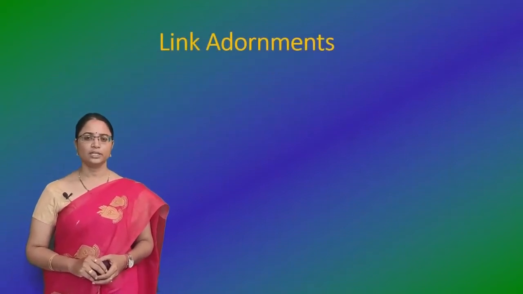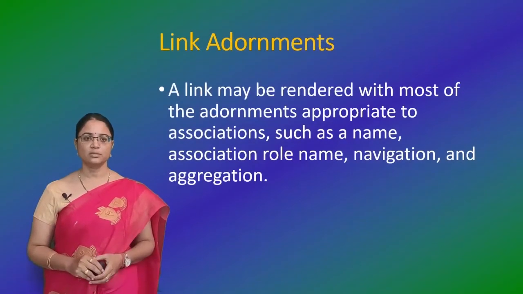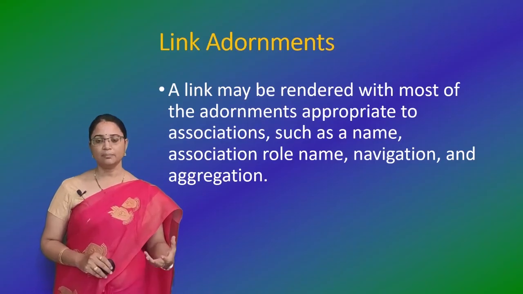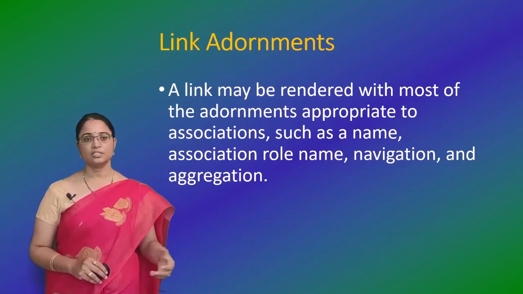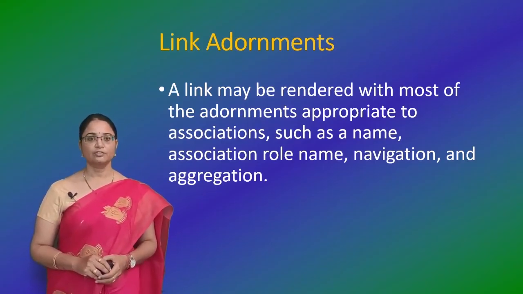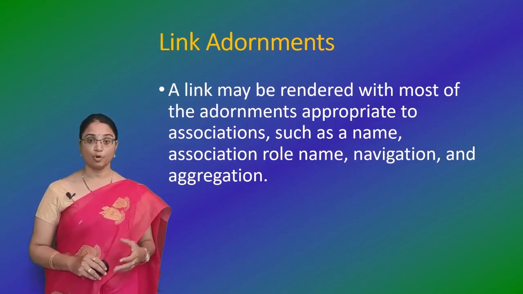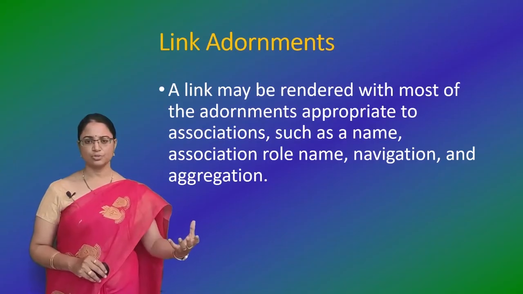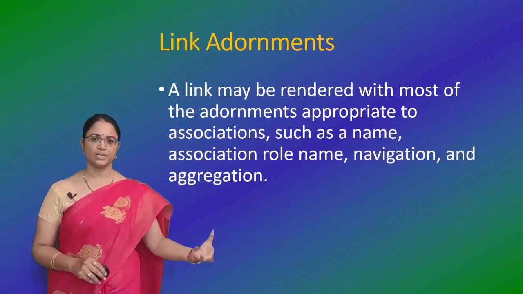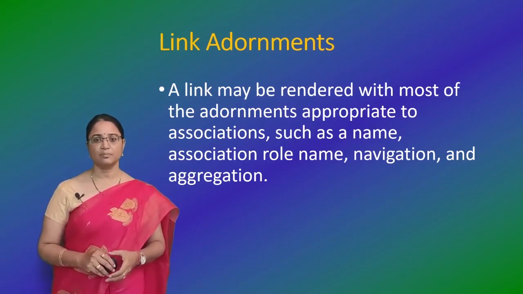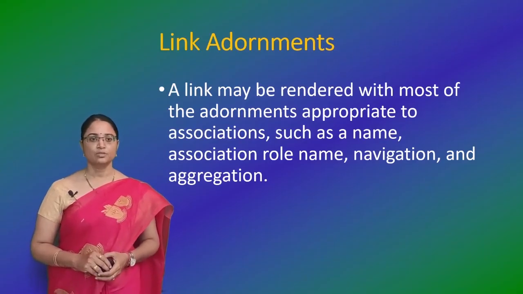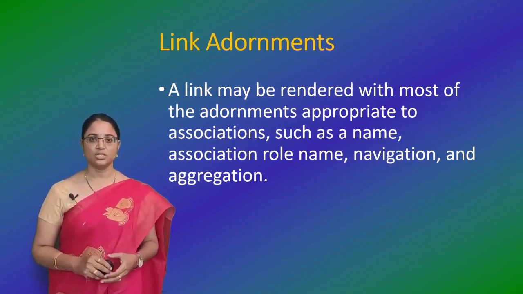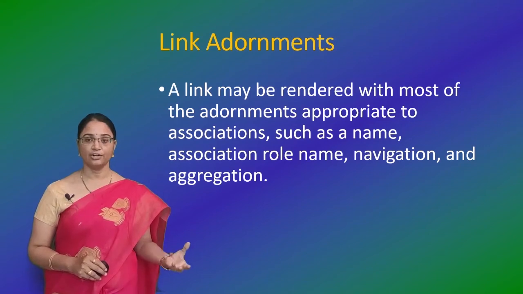An important thing we need to know is that a link is an instance of an association. So a link, which is an instance of an association, may be rendered with most of the adornments appropriate to associations. Whatever adornments can be used by the association, the same adornments can be used by links also, such as name of the link, association, role name, navigation and aggregation.